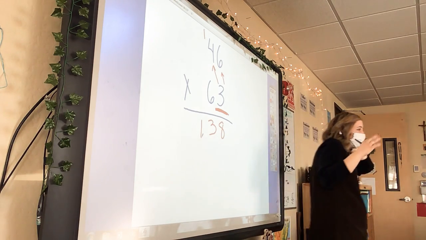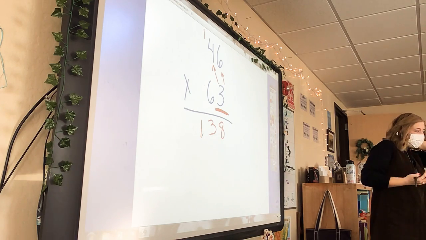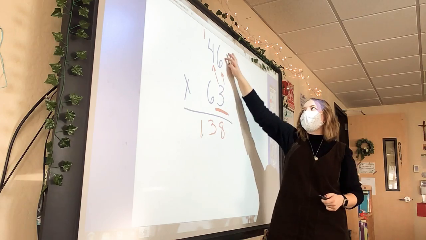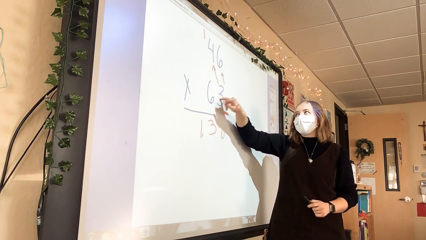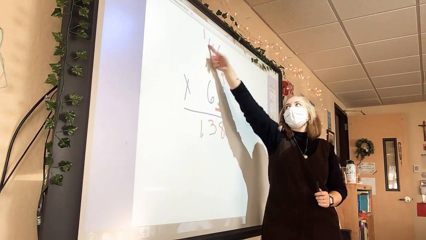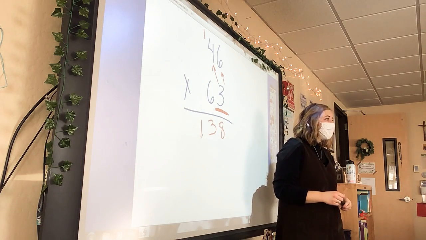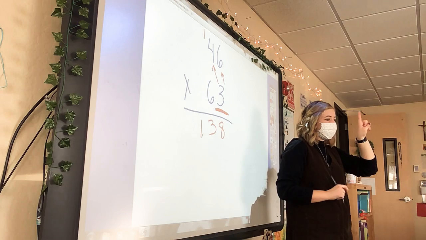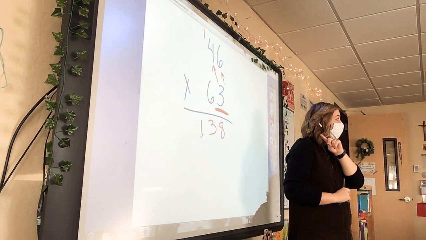So if your brain works in place value, there's a little explanation for you. If it doesn't, that's okay. All you need to know is that the 3 multiplies a 6, and we get 18. The 3 multiplies a 4, we get 12, plus 1, which gives us 13, okay? Are we good on the first partial product? Yeah. All right, cool. That should be review for y'all.